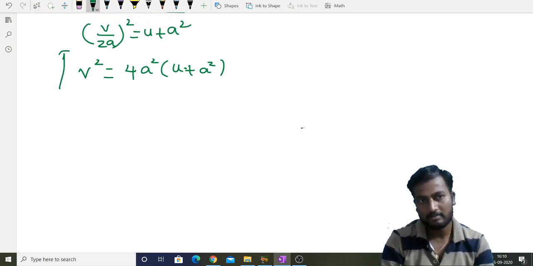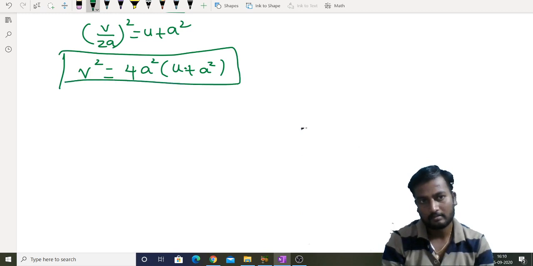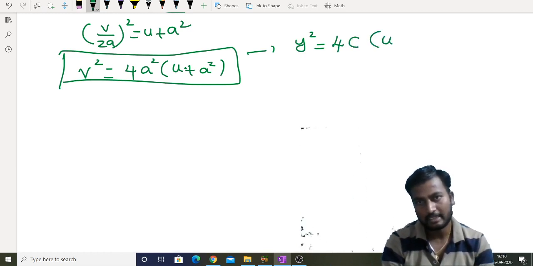So what is this equation? This is of the form y square equal to 4 into some constant into u minus some constant, c1 or something.